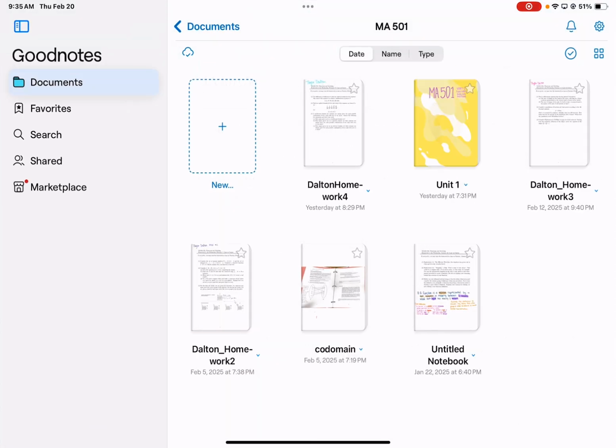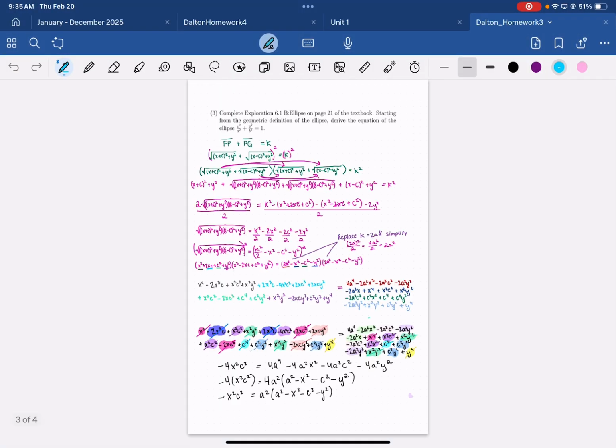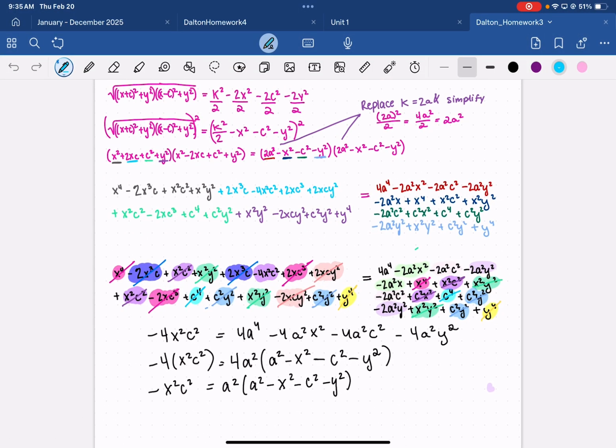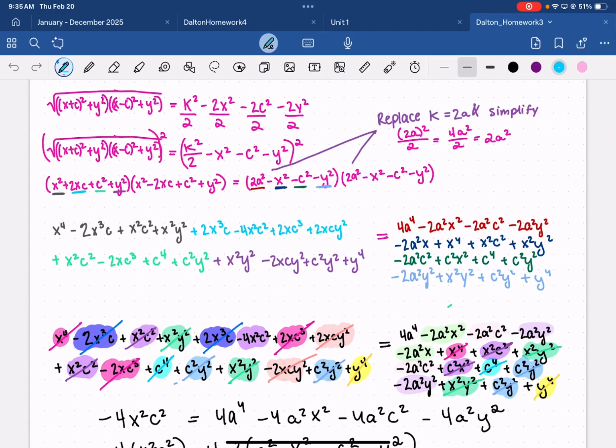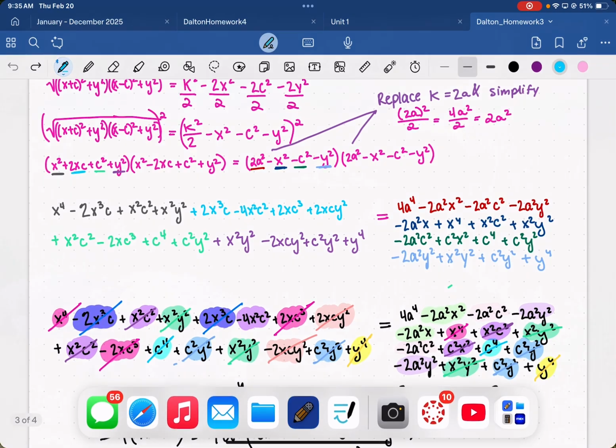Homework 3. Do y'all see this craziness happening down here? When I was doing this, I was drawing the rainbows every single time, because there are so many terms that it's really easy to get confused. That was my homework, yes.